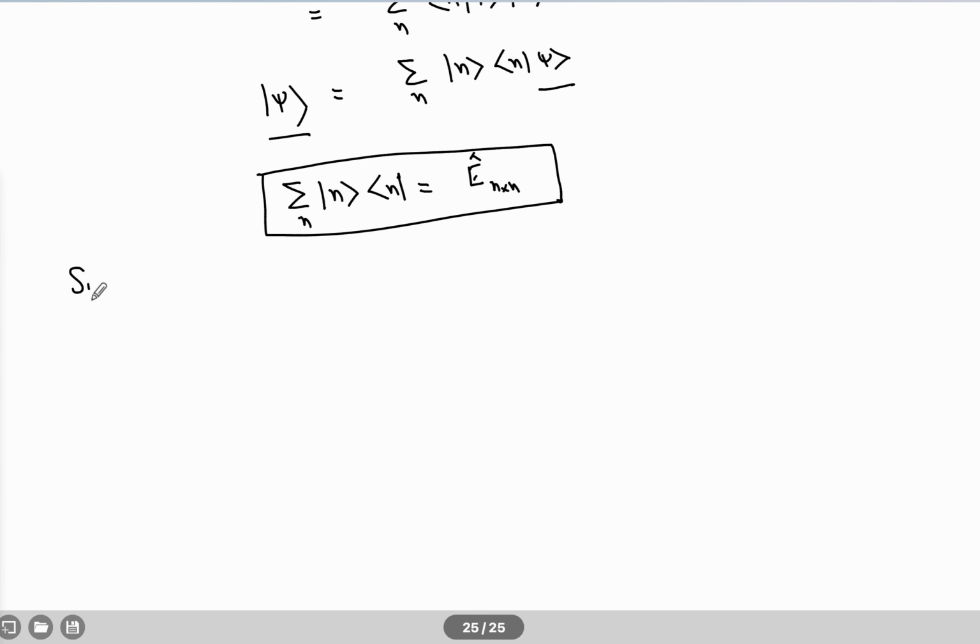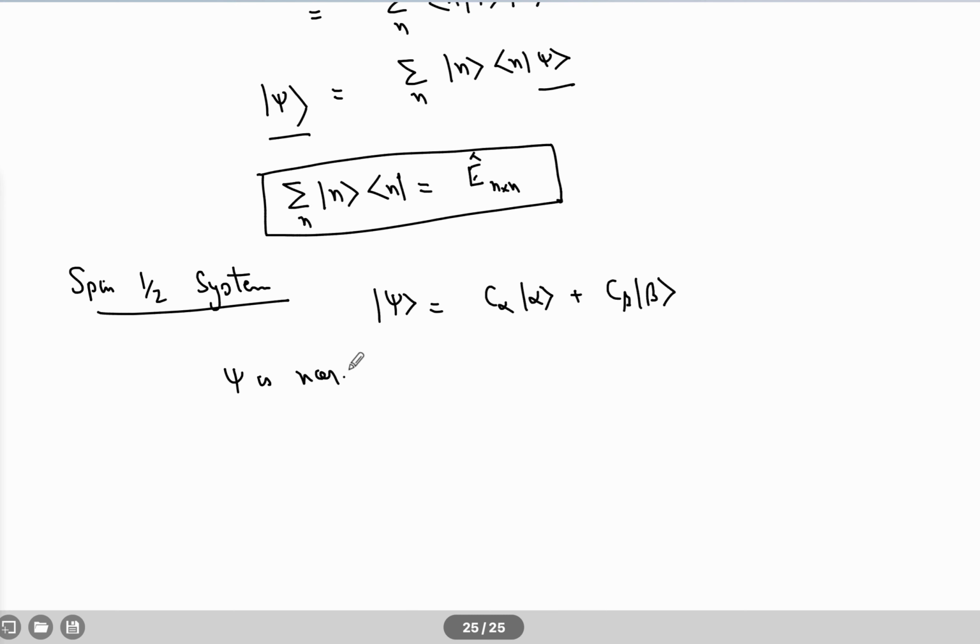Now let's consider the case of a spin half system. For a spin half system, the superposition state will be, as I said earlier, C alpha alpha plus C beta beta. Now since psi is normalized, we take it as normalized, that would mean that if I take bra psi and ket psi, the integral will be equal to 1, right?